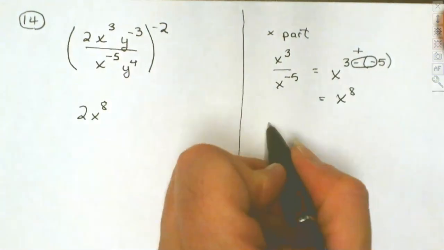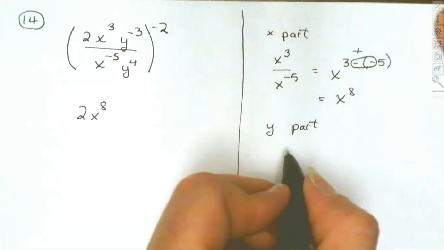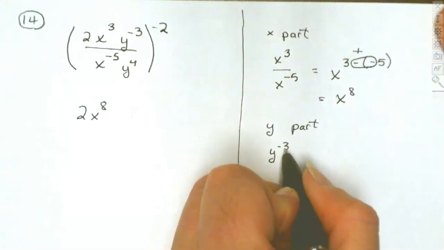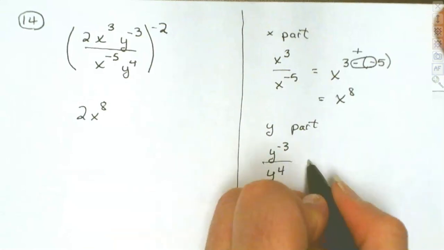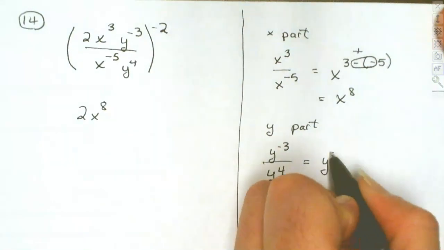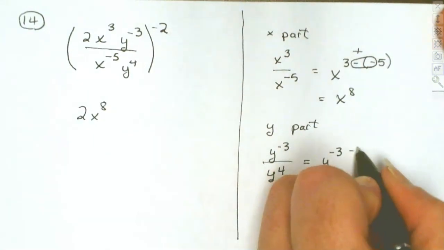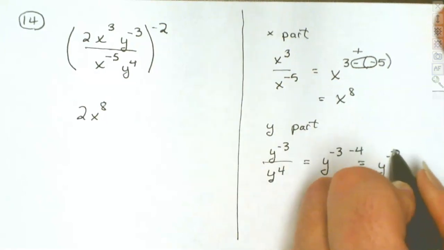What about the y part? On the y part, we have y to the negative third over y to the fourth. We're going to again subtract them. So we've got y to the negative 3 minus 4 power. And that makes it y to the negative 7.